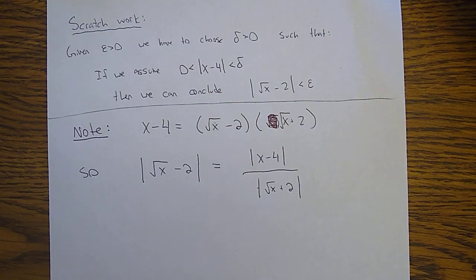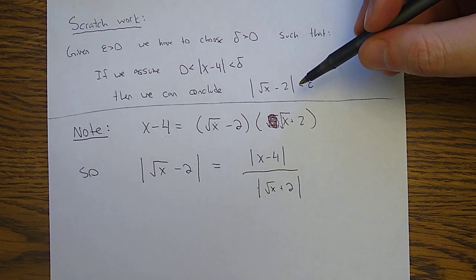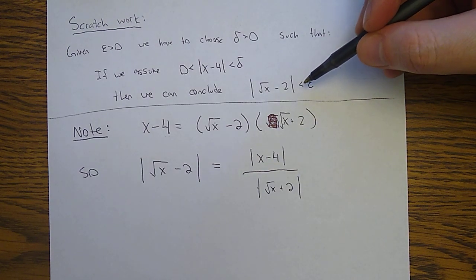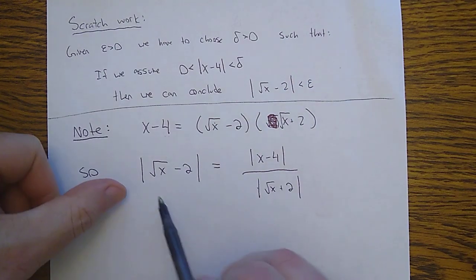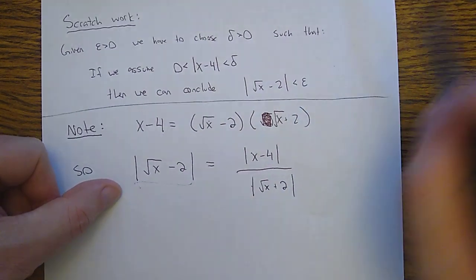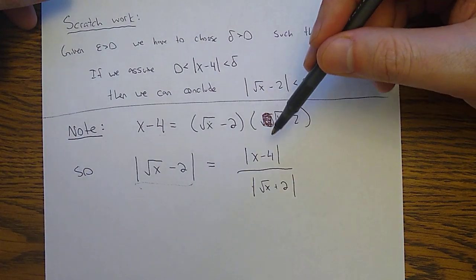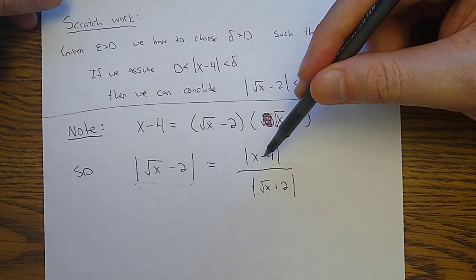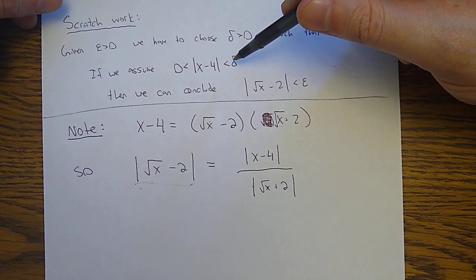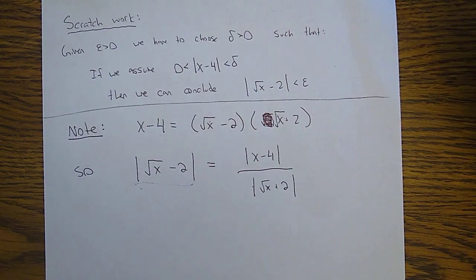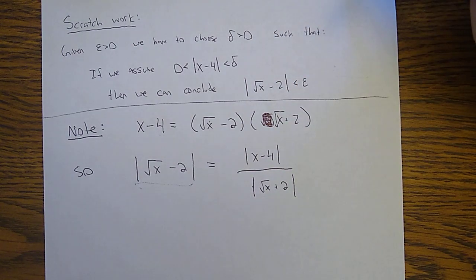Right, those are the same thing. Now, my goal is to reach a conclusion stating that this number is less than epsilon. I know that this one is less than delta, when I'm writing the proof, I will know that.